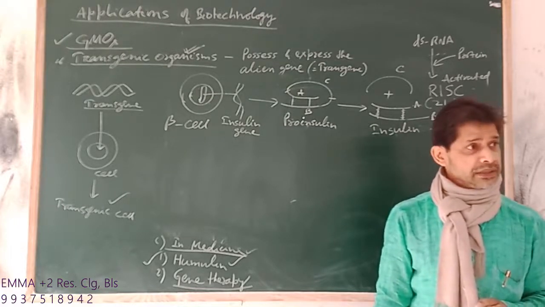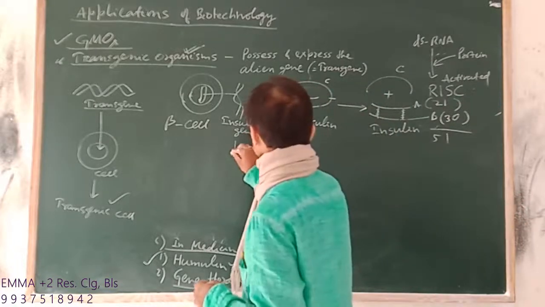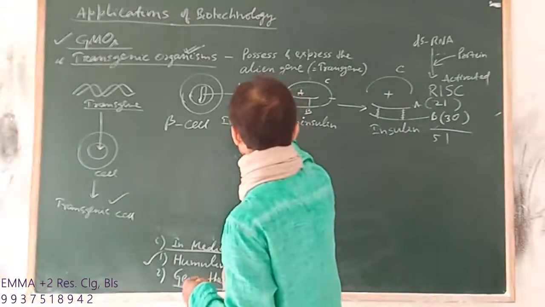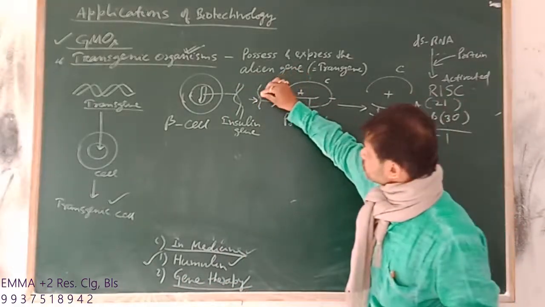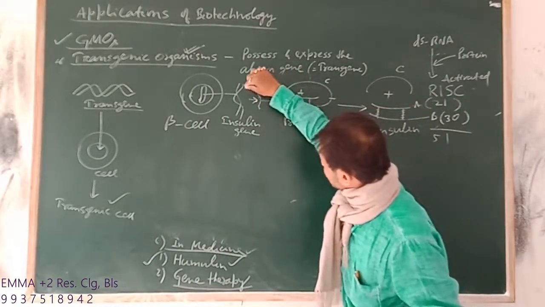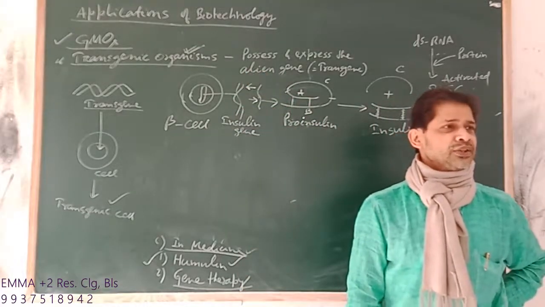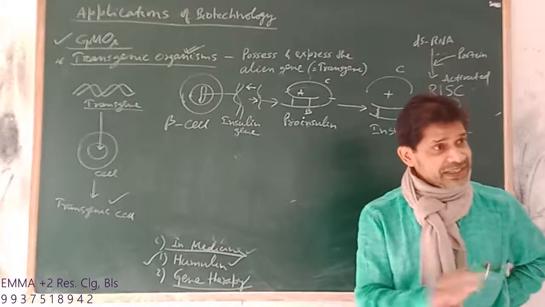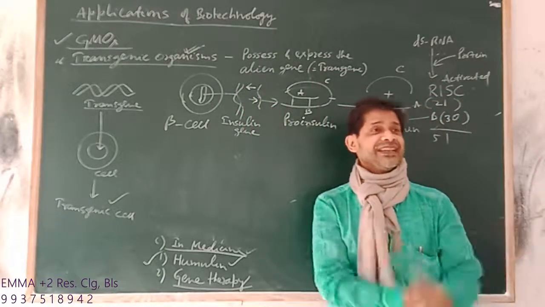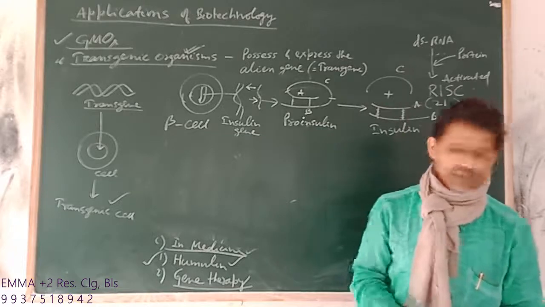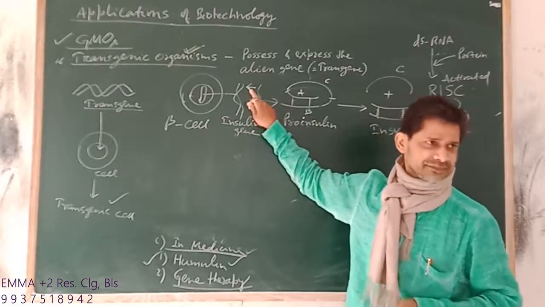So what they did, they prepared an insulin mRNA. This is insulin mRNA. They constructed a DNA from this mRNA. That DNA doesn't have any introns because we are artificially producing the gene.